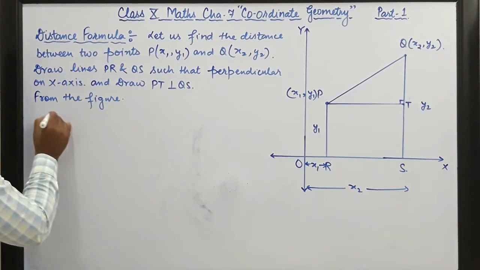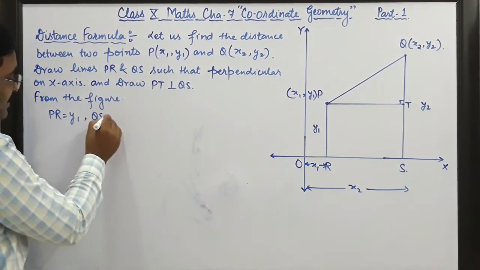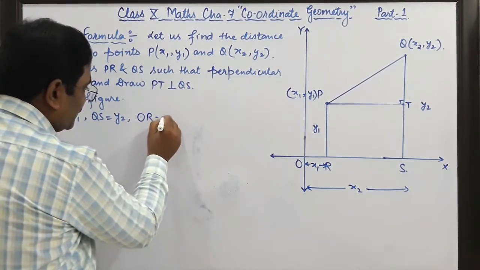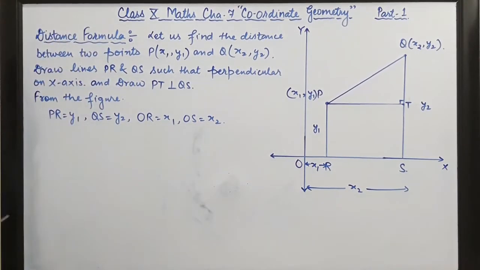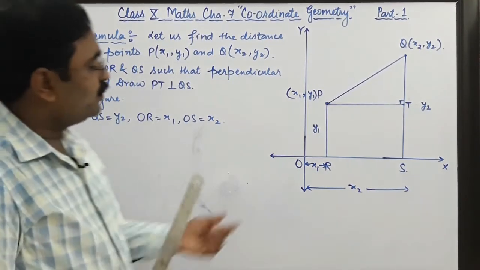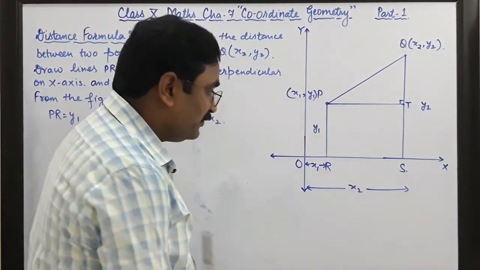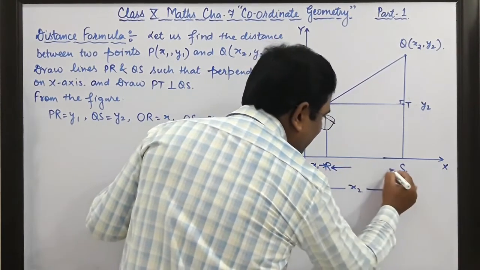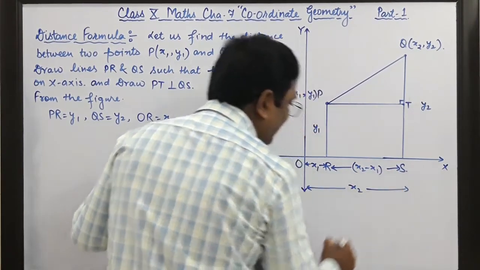So from the figure it is clear that PR equals y1, QS equals y2, OR equals x1 and OS equals x2, right? Afterwards, as OR equals x1 and OS equals x2, can we find the measure of RS? This RS can be written as x2 minus x1.